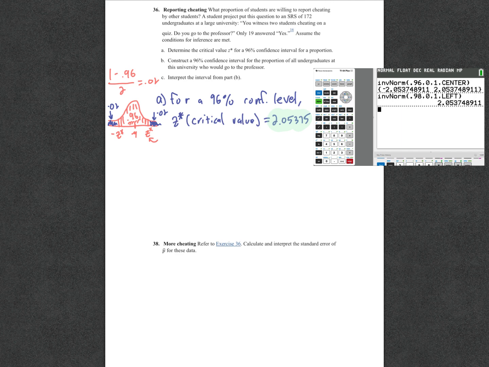For part B, it says construct now a 96% confidence interval for the proportion of all undergraduates at the university who would go to the professor. Okay, so for part B, to set up a confidence interval, in general, we'll always do our point estimate, and this is what we'll get from the statistic from our sample.